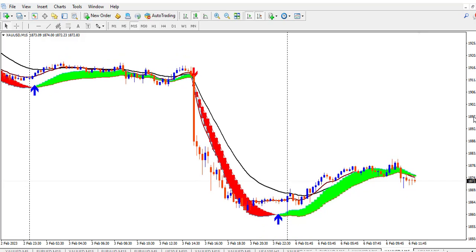Now this is how I use it. This particular indicator has this arrow, the same indicator that gives us this band, or wave. It's the same indicator that gives us this arrow.